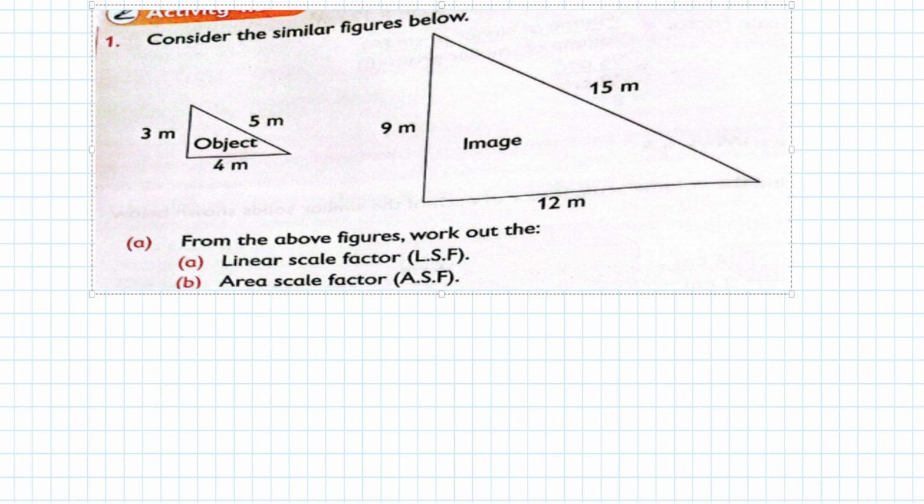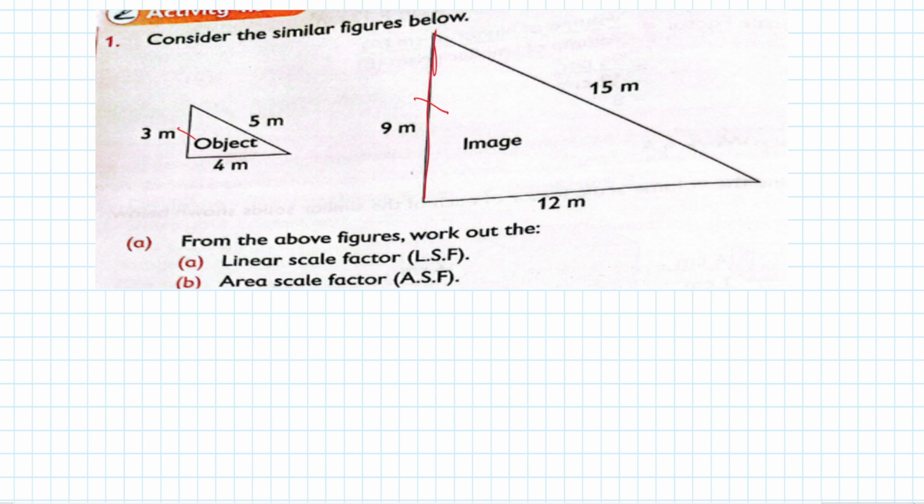Now for us to work out the linear scale factor, it is very easy. We normally take two distances that are similar, in which this one and this one are similar. So basically this is this here. Those two distances, you divide them.